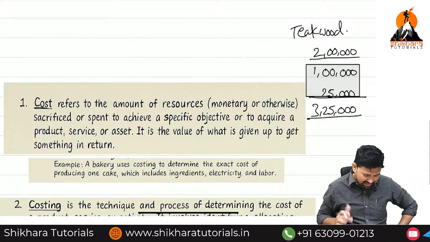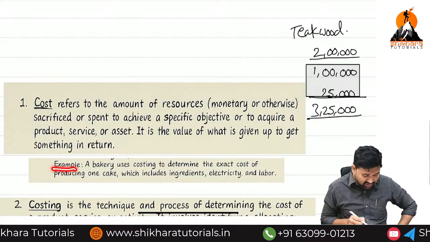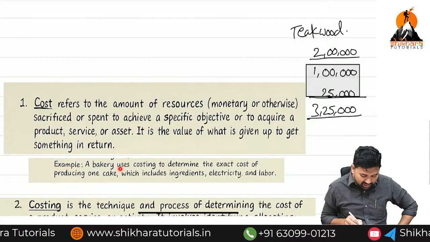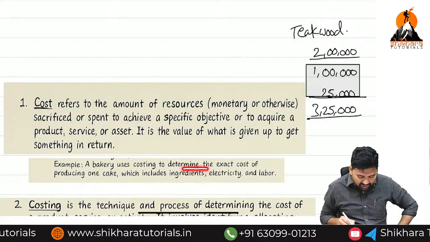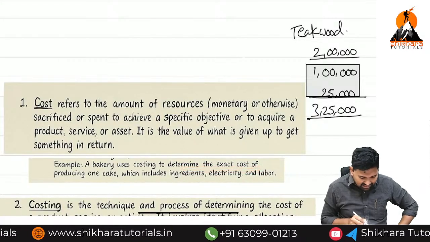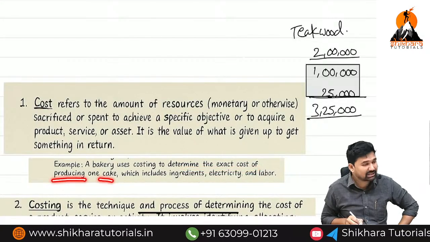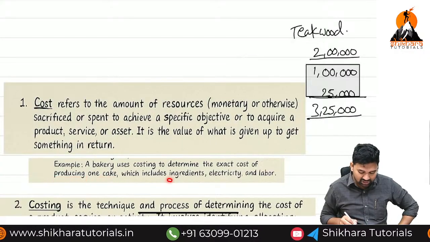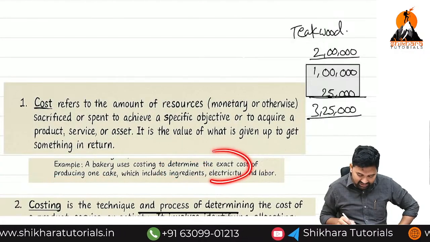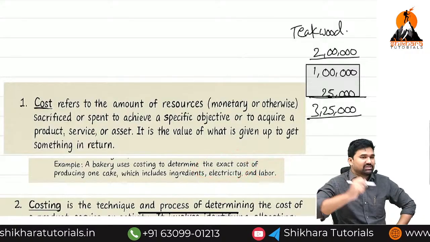All example I have written here. Listen carefully, read carefully. Example: a bakery uses costing to determine the exact cost of producing one cake, which includes ingredient cost, electricity cost, and labor cost.